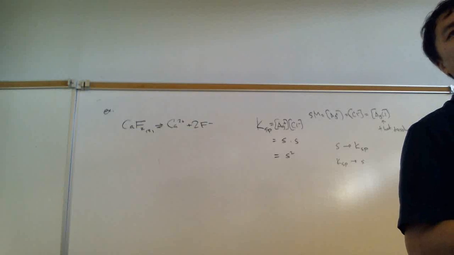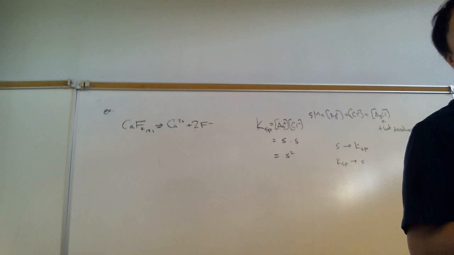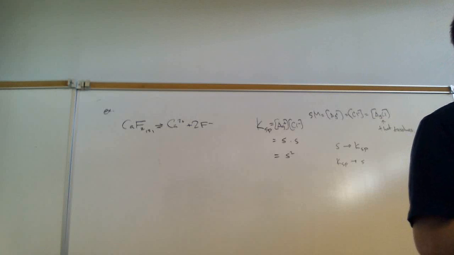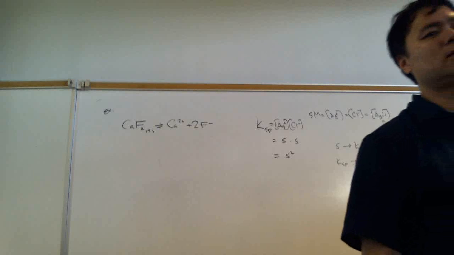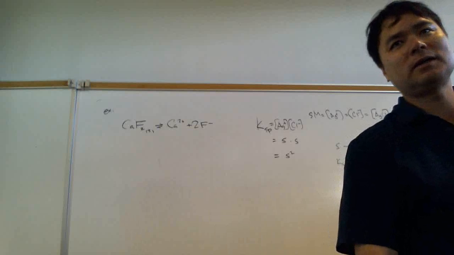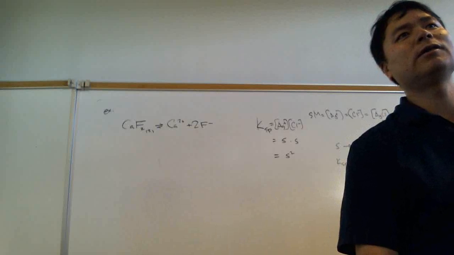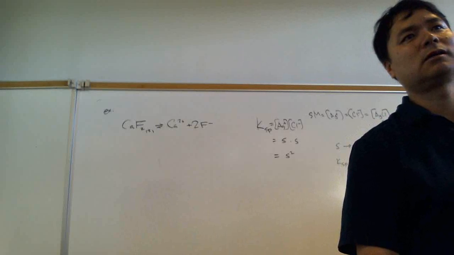So some things are infinitely soluble, but most salts have a limit. Even sodium chloride. Sodium chloride is highly soluble, but you can only put like 36 grams in 100 milliliters. That's not infinite grams, right? And so even sodium chloride, which is highly soluble, has a limit. And so we could call that limit S, right?